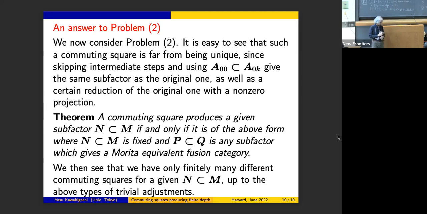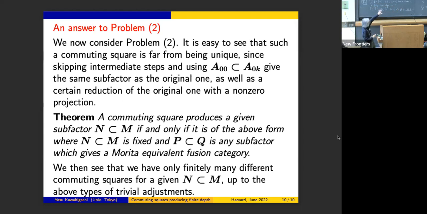So this is also a kind of trivial operation which preserves the resulting subfactor. Except for these trivial operations, we have essentially finitely many different constructions of a commuting square for a given subfactor. That is the answer I'd like to explain now.